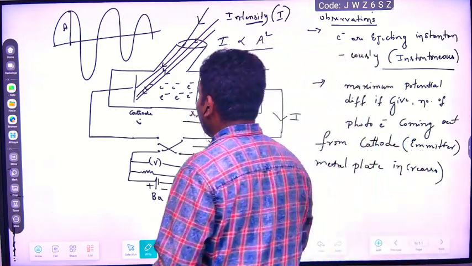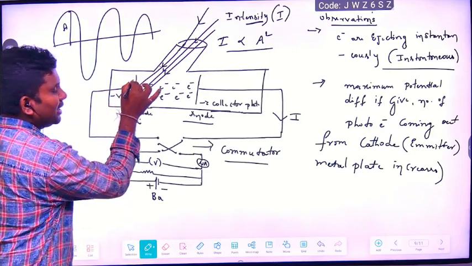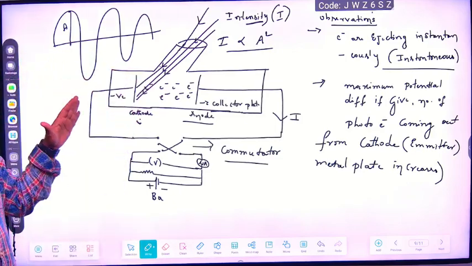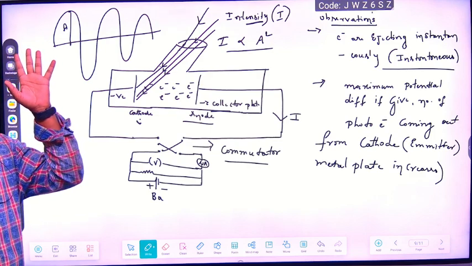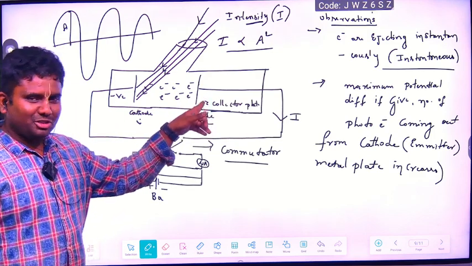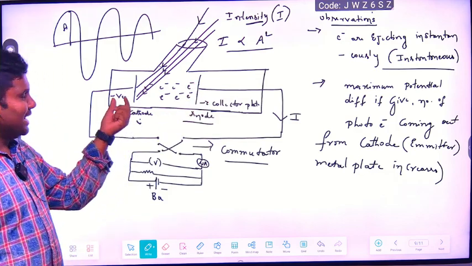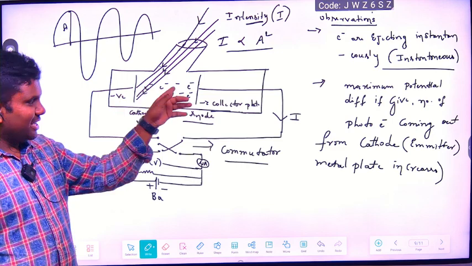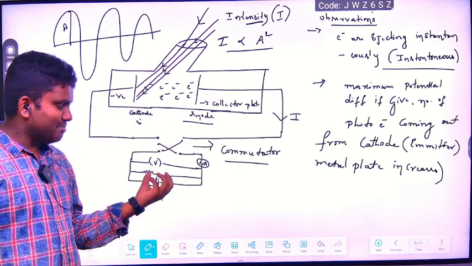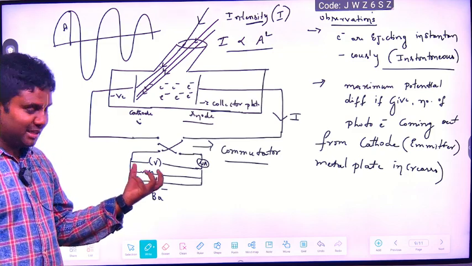I will slowly decrease the negative potential given to the emitter plate. Slowly I will decrease. That means I am also decreasing the positive potential to the anode plate, the collector plate. That means from the battery I am decreasing the potential.